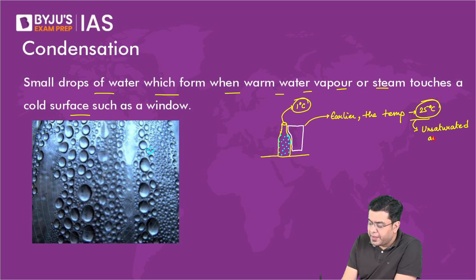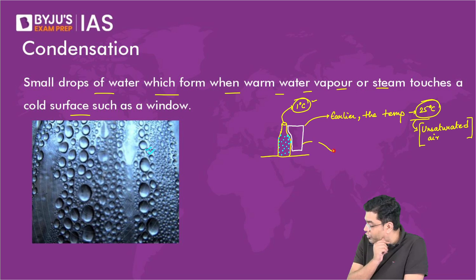Now, as you keep the bottle on the table, this air will get in contact with the bottle. Bottle surface is 1 degree Celsius. So what will happen? Because of being in contact, these small drops are from air, not from water under the bottle.